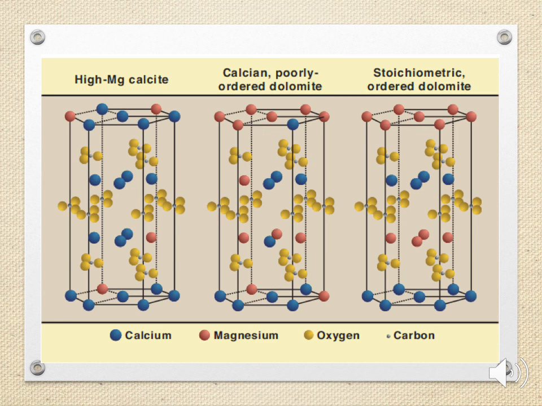This is what they call stoichiometric or ordered dolomite, which is what we find in a lot of the diagenetic dolomites. And we don't find this forming naturally at Earth surface temperatures. It's very rare to get this very ordered stoichiometric dolomite. This ordered nature is one of the difficulties for why we don't have dolomite precipitating as a primary mineral, and we're going to talk about this some more.